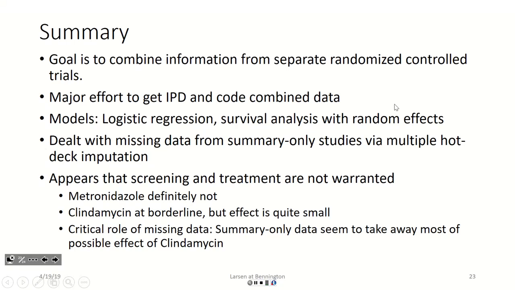Maybe we won't be able to get that, and they want a little more discussion of whether this imputation method really works. Fortunately, with the original data, we can leave out any study we want and look at the summaries and try to impute for that one, and then see if we can do that 10 times with the 10 different studies and see if it works out. So there's some more work to do.